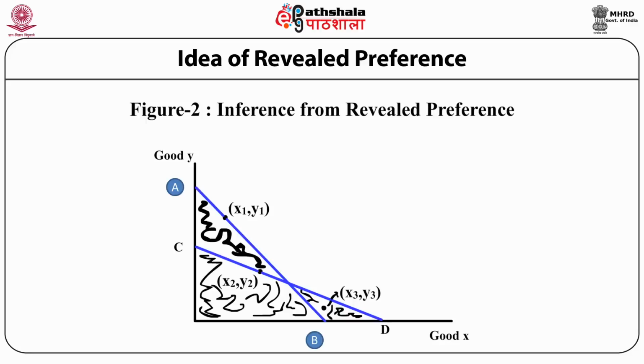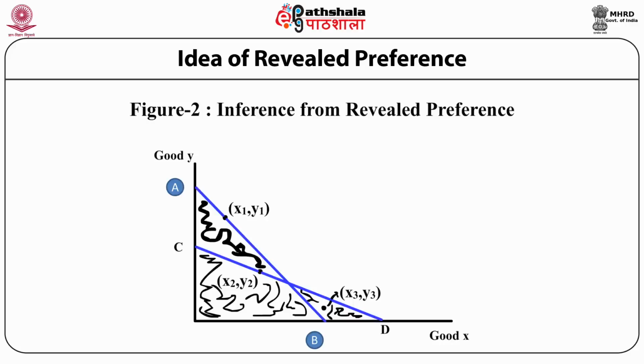Here again, the consumer has the option of choosing any bundle that lies on or below the line AB. Suppose the consumer chooses bundle X1, Y1. Given these revealed preferences of the consumer at different budget lines, we can conclude that the bundle X1, Y1 is preferred to all other bundles in the shaded area, either directly or indirectly.